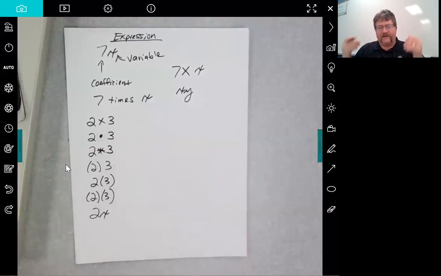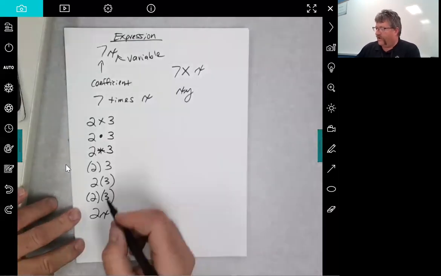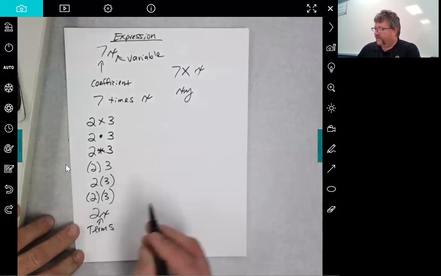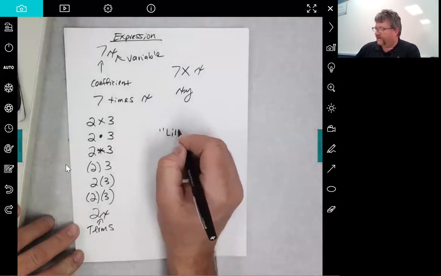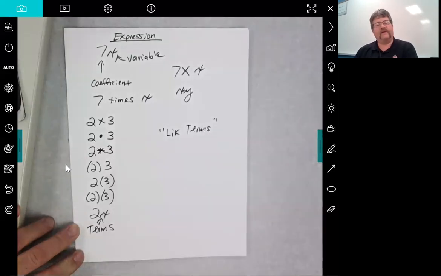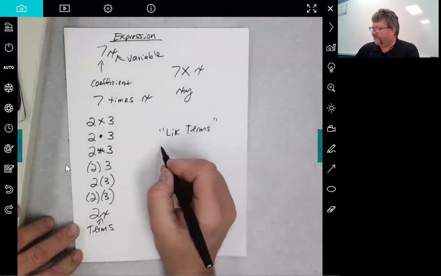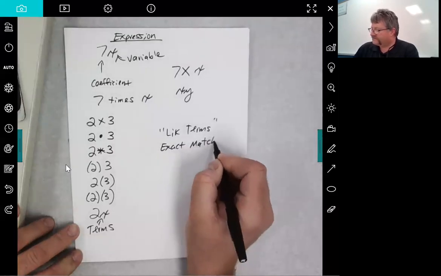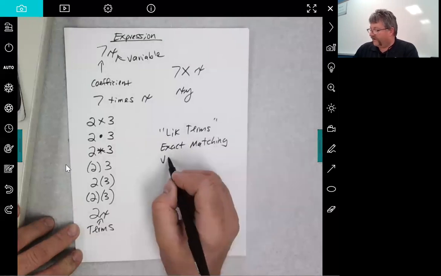All right, so as we start putting together these expressions, when we're adding and subtracting, these are called terms. We're looking for what we call like terms. Like terms, meaning the exact, what is a like term? An exact matching variable.